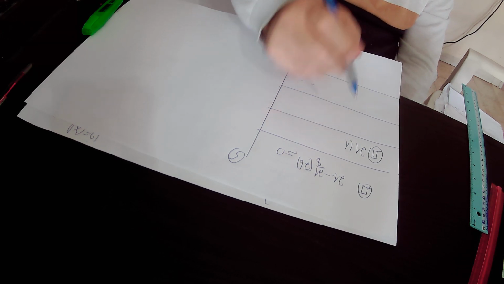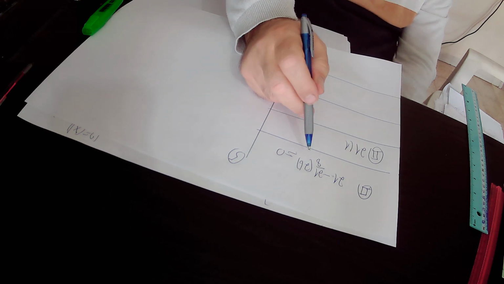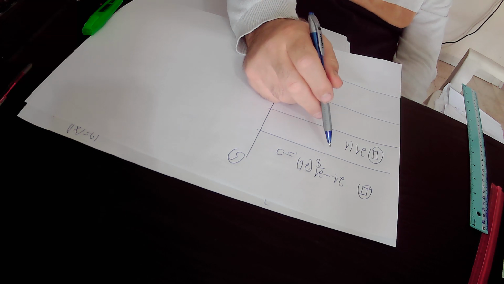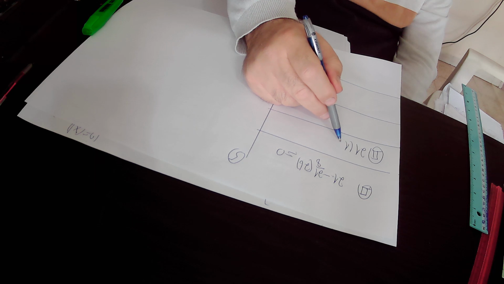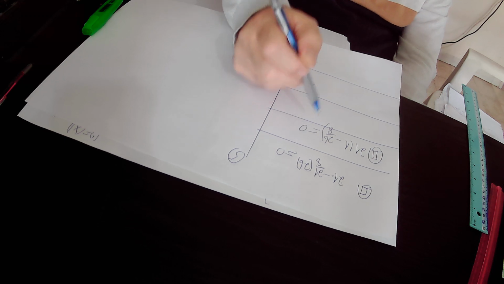And from the expression minus 21 over 8 times 2B, what is left after we took 21 as a common factor is actually minus 2B over 8, and it equals 0.